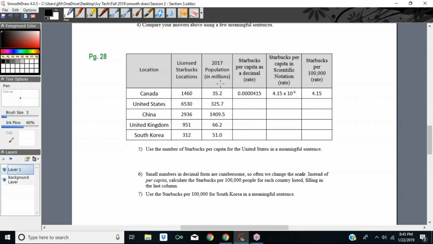So an important thing to look at here is that this says in millions. So if we're going to look at this comparison, where it says calculate the licensed Starbucks locations per capita, and then it says write the per capita values in scientific notation in the table. So what we're going to do is take 6530, that's the actual number of stores, and divide it by the population. Now the population is 325,700,000, so 0.7.